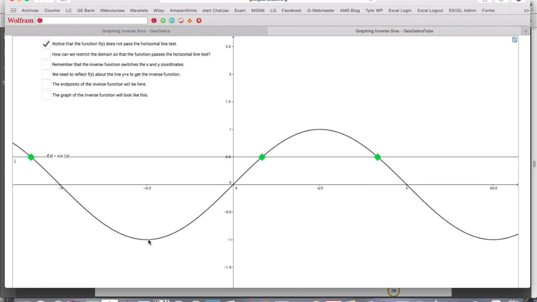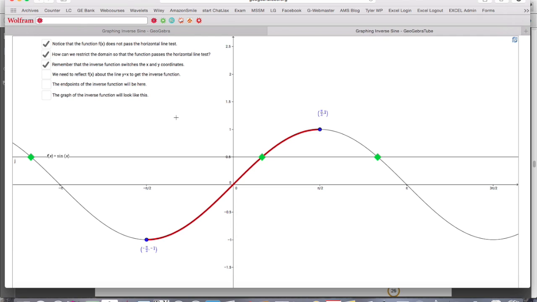Now if I start at -pi/2, and I keep going along the graph, I can keep going until I get to x equals pi/2, because at that point it starts to repeat itself, and we're getting a place where our graph fails the horizontal line test. So our restricted domain will be between -pi/2 and pi/2.